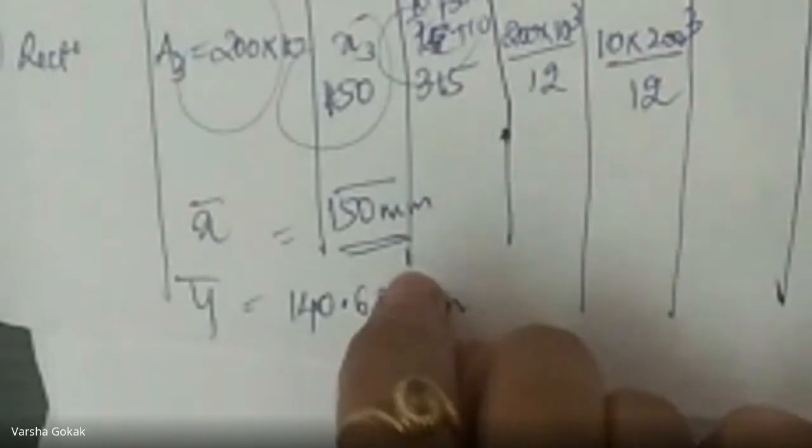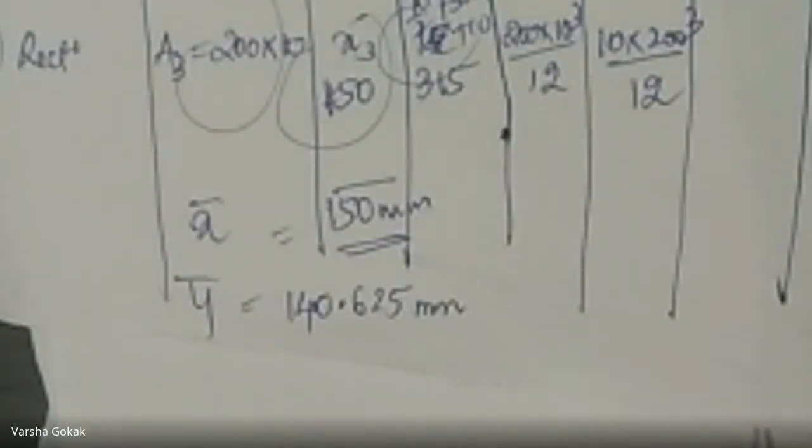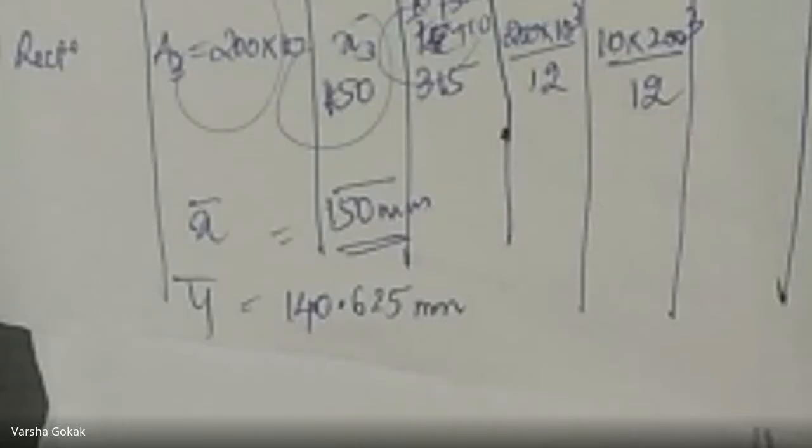That's why I told you your CG unit has to be clear to attempt MI. Yes, 140.625, ma'am. Correct, 140.625.